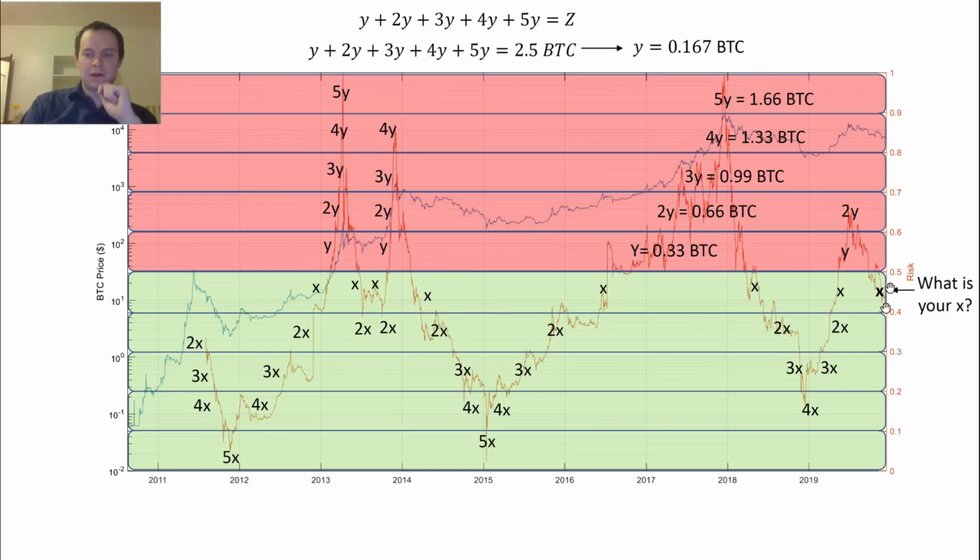So figure out what your X is, and to some degree, we are in uncharted territory, because in the past, whenever we've entered the sell regions, we've at least made it to the 4th zone. Here we've only made it to the 2nd zone.